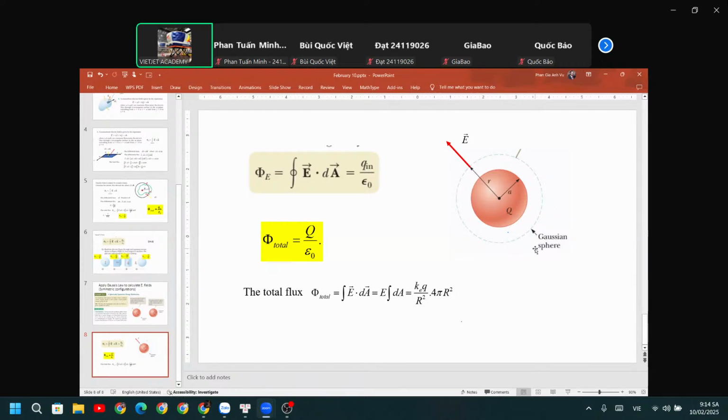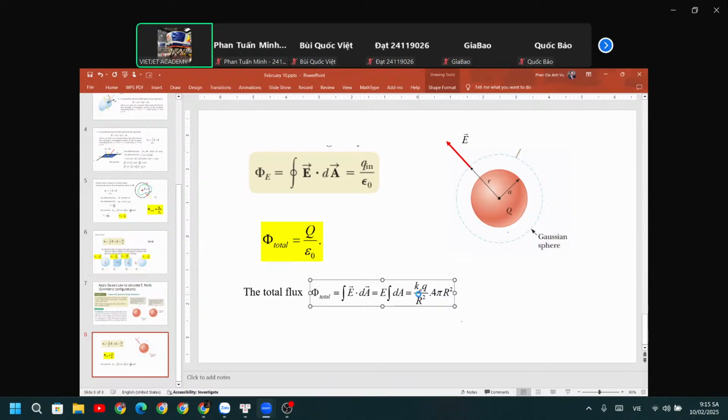The Gaussian sphere is the sphere that we draw so that the sphere contains the point we want to calculate, right? We don't draw another sphere. We draw the sphere that exactly contains the point, right? Or in other words, the point where we want to calculate the electric field must be on the surface we draw. Okay.